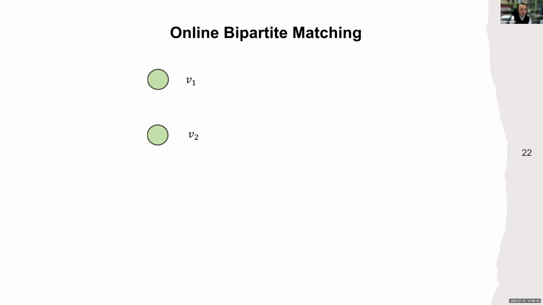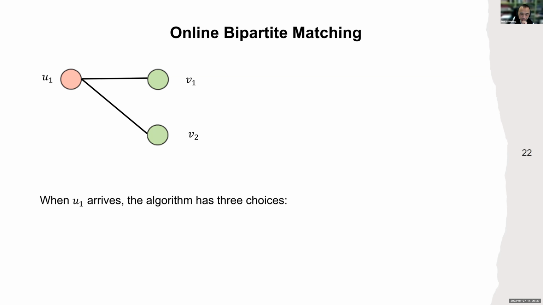All right, so see here we are given 2 vertices on the right, and then U1 comes, and you say, okay, please tell me which vertex you map this U1 to. Basically, you have some choices, right? Either you do not match U1, or you match U1 V1, or you match U1 V2.